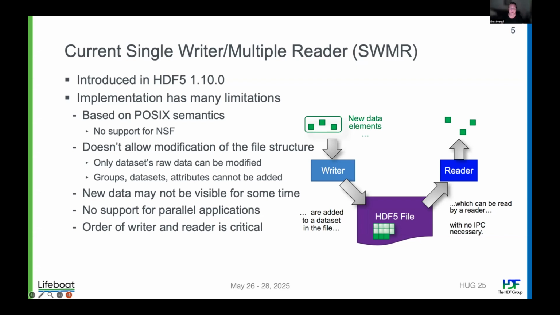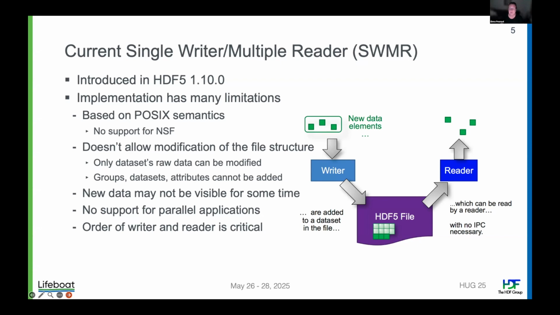Also, we couldn't allow modification to the file structure. So the programming model is that the writer has to create the structure of the file, then reopen the file in SWMR mode, and only raw data would be able to be added to the data sets. There was no creation of groups, data sets, and attributes.